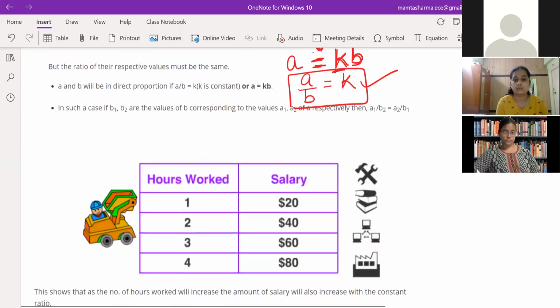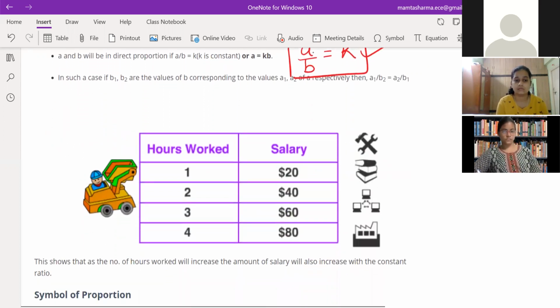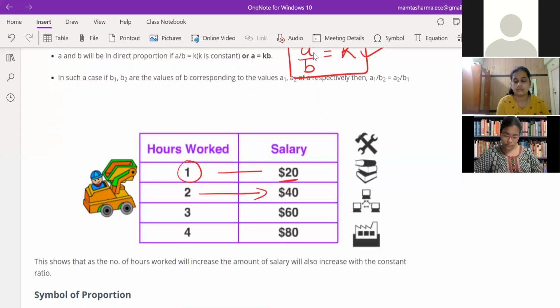Let's take a few examples. If someone is working, and if he or she works for 1 hour, getting an hourly salary, if he is getting $20 for 1 hour, if he works for 2 hours, he will get $40. If he works for 3 hours, he will get $60.